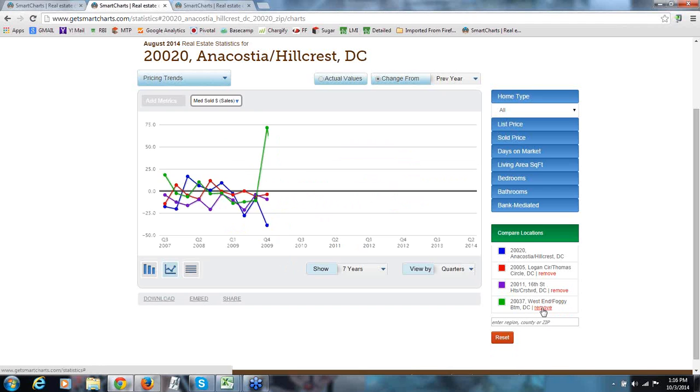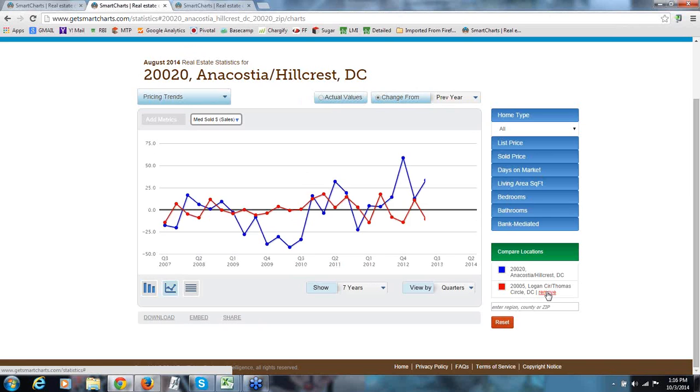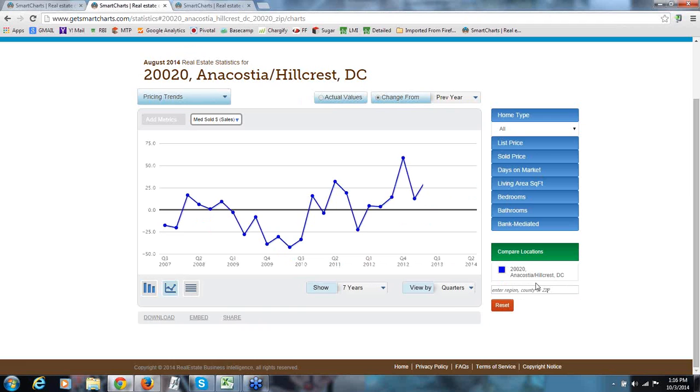Let's turn these off, and just one more example, because I really feel that the months of supply metric, which is new in SmartCharts, which we didn't have in Expert, is one of the most important, driving almost every one of these other metrics, unless there's an outlier like a very low cost area surrounded by more expensive areas.